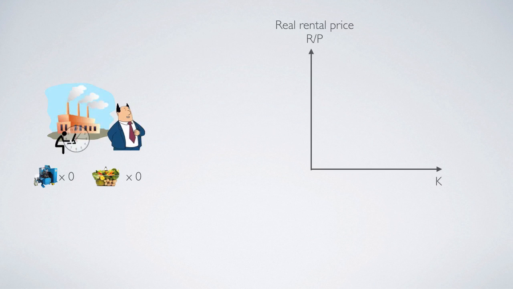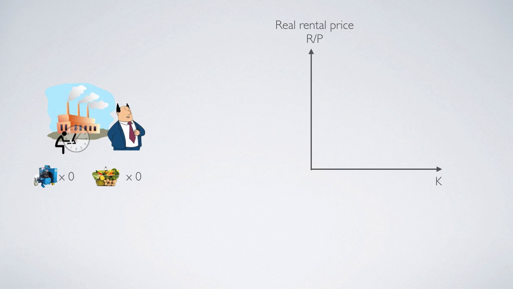Now we move on to capital rental demand. We have to imagine that there is an entrepreneur, a boss. He owns a factory, and given that he has already hired a certain unit of labor, so you can see I have an icon of labor there. Which means that when we talk about the following story, the unit of labor he hired is fixed.